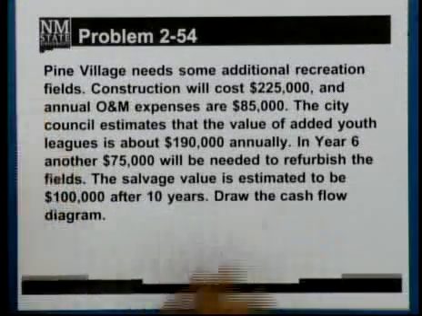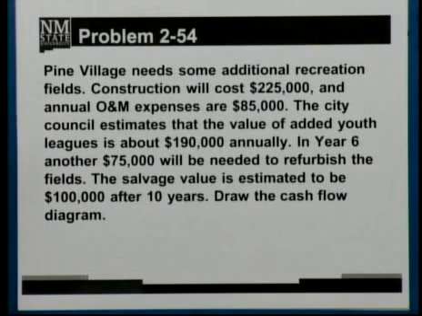Okay, and next problem is 2-54. So Pine Village needs some additional recreation fields. Construction will cost $225,000 and annual maintenance expenses are $85,000. And the city council estimates that the value of added youth leagues is about $190,000 annually.